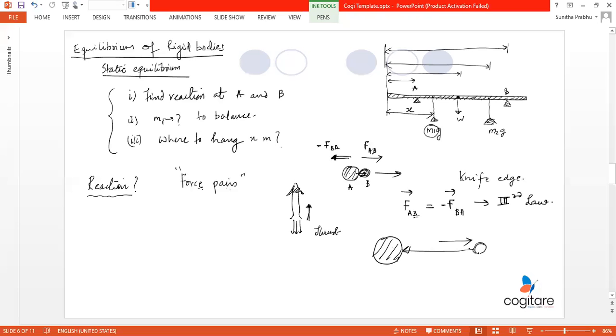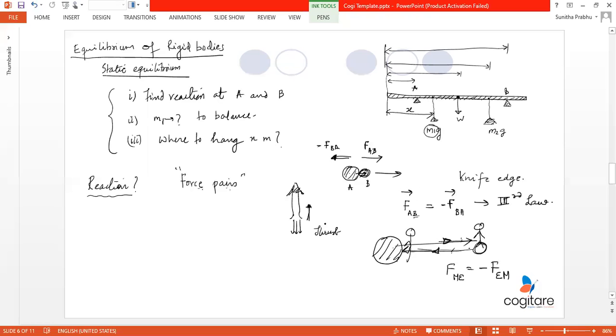You can think one guy is standing here, tying a thread and pulling the Moon here, so Moon experiences a force, which you can call F Moon, force on Moon by Earth. Then think there is a guy on the Moon, tying a thread and pulling in this direction. That will be the force experienced by Earth because of Moon. These are the two forces, and they will also be equal and opposite in direction. Is it okay?